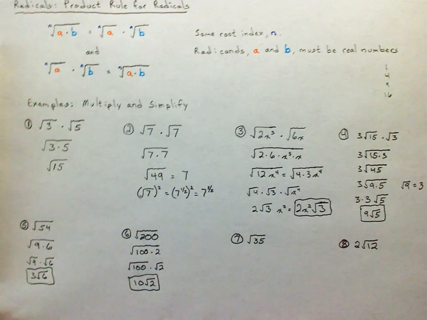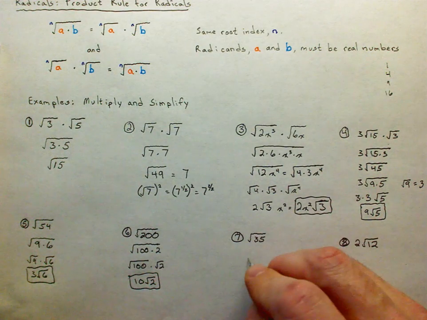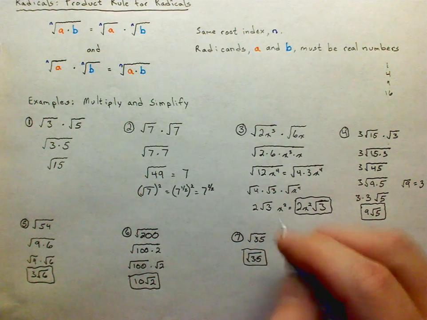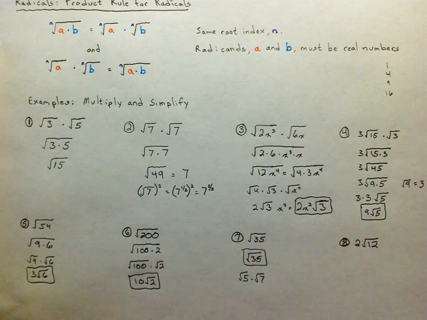All right, square root of 35. What perfect square can go into 35? Nothing. Simply that is simplified. I can rewrite this as radical 5 times radical 7, but that doesn't simplify it any.